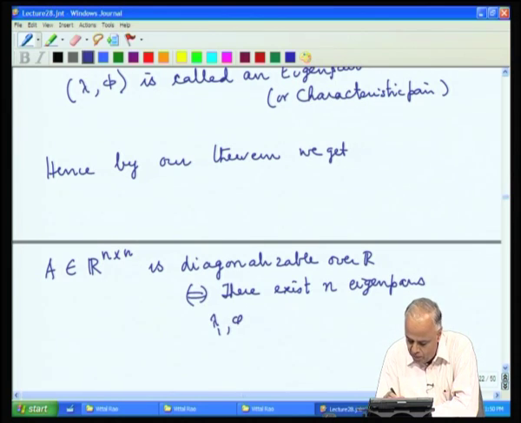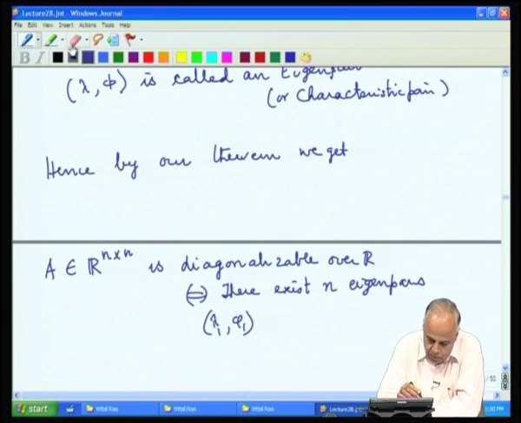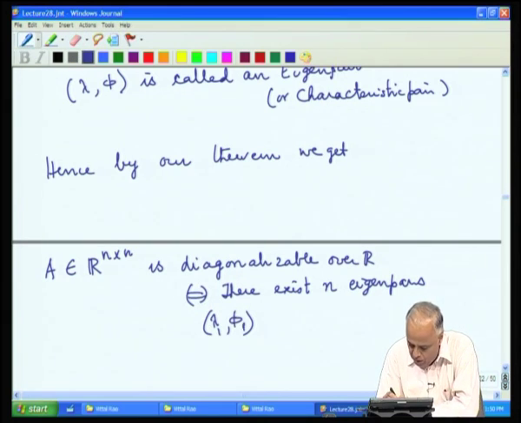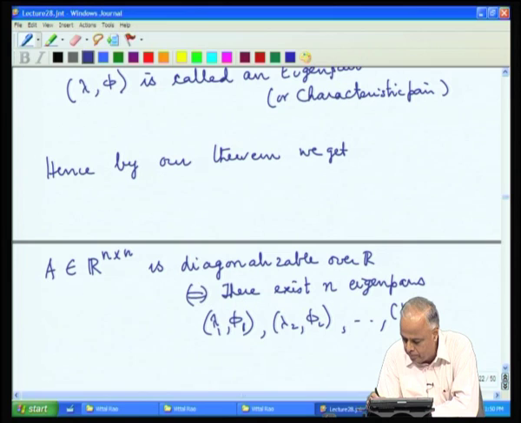Lambda 1 phi 1, lambda 2 phi 2, etcetera, lambda n phi n, where phi 1, phi 2, phi n are linearly independent.